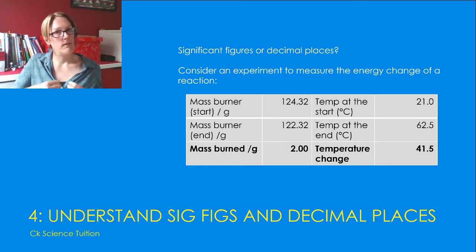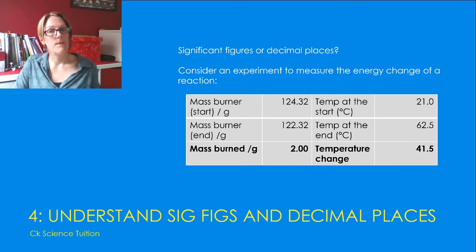Alternatively, if I weighed a very small mass, like 0.86 grams, that is still 2 decimal places, but it's now 2 significant figures, 0.86. So I would have to do my final answer to 2 significant figures.